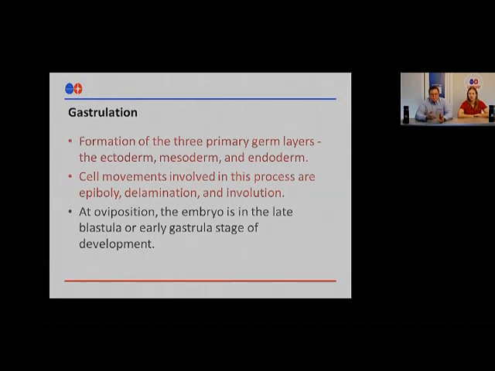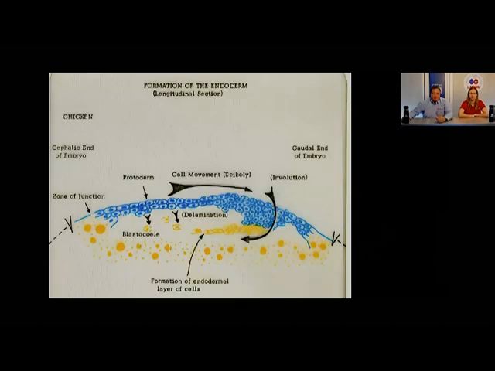Cell movements starting to occur. That oval position, the embryo is in the late stages of this gastrulation. So at the time the egg is laid, we already have our 3 germ layers formed in that embryo. So we already have some basis and some foundation of the embryo itself, and what's going to happen as far as development of that embryo.